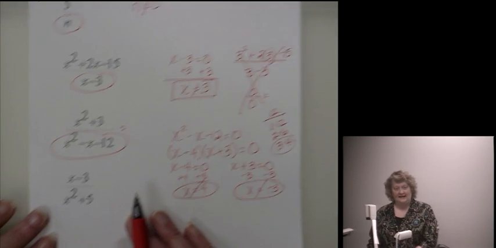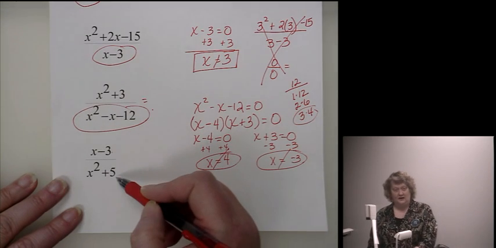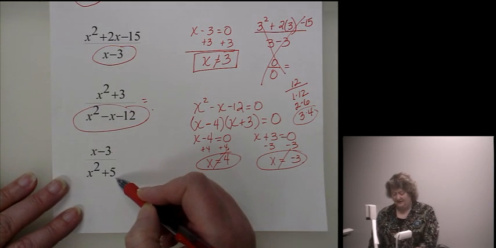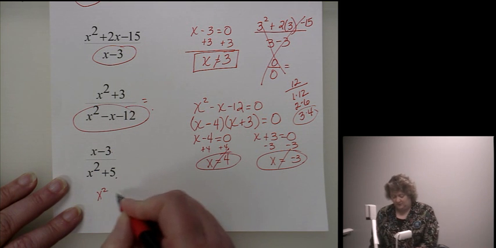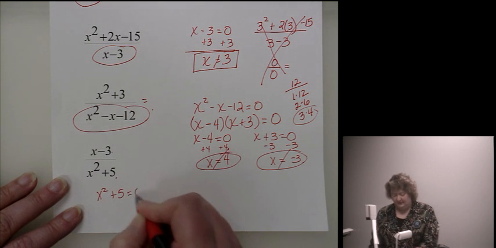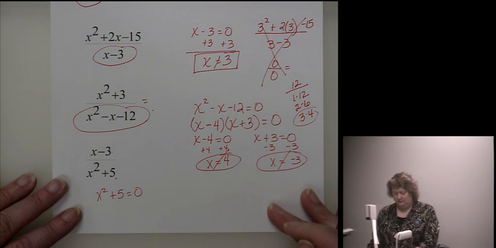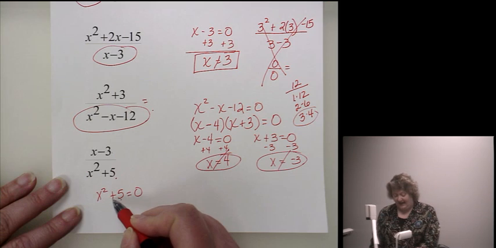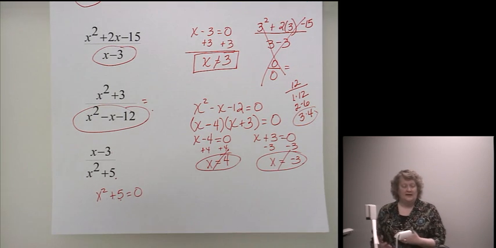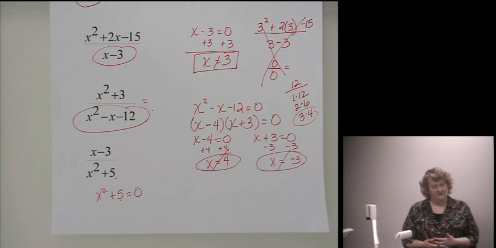Okay, let's look at our last example here, (x minus 3) over (x squared plus 5). And we're going to take x squared plus 5 equal to 0. Well, that doesn't factor. There are no factors of 5 that add to be a 0x. We can only factor differences of two squares.